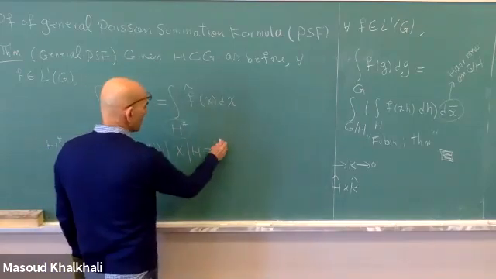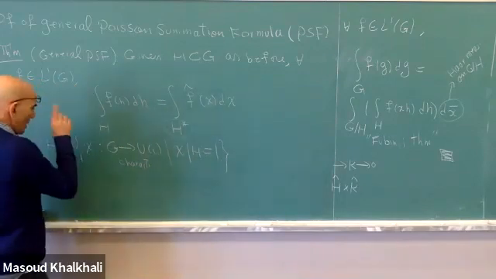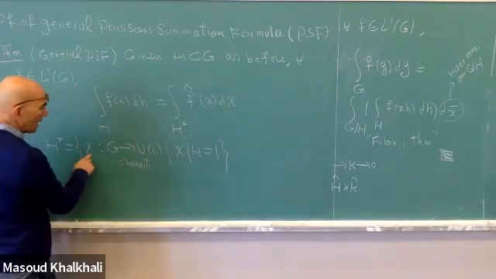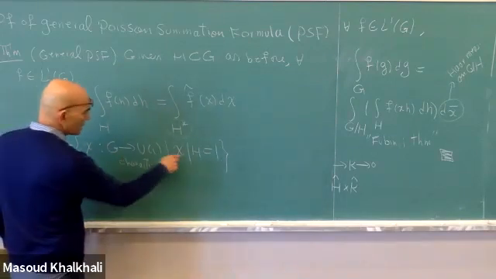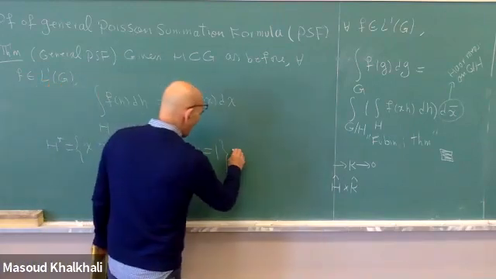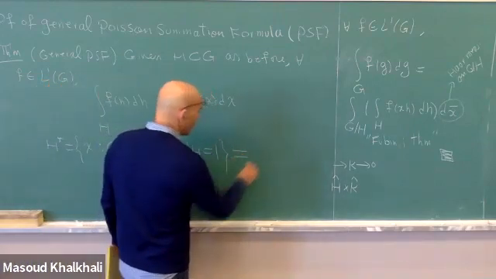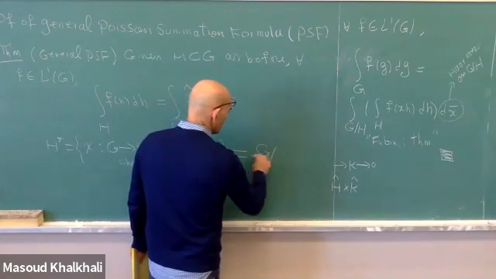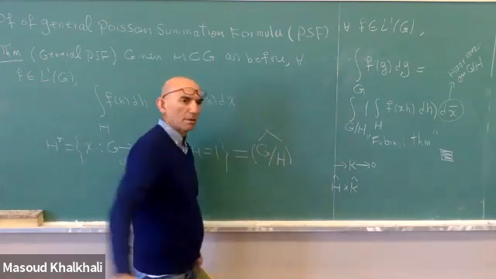So all characters of G such that if you restrict to H, you get 1. You can show that this is isomorphic to the dual of G mod H, which I think is easy.